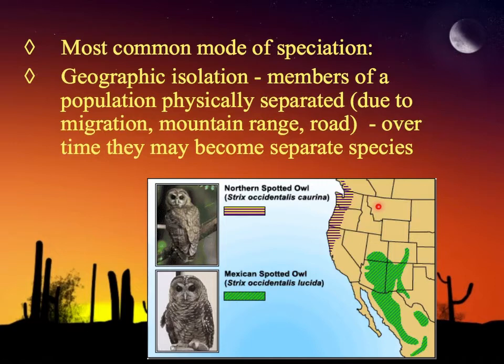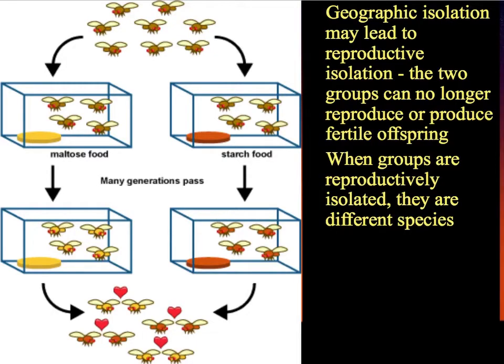You can see here the northern spotted owl, totally different species name here than the Mexican spotted owl. So geographic isolation, so common ancestor here, we get the same species here, and then they're isolated, right? It can lead to reproductive isolation.